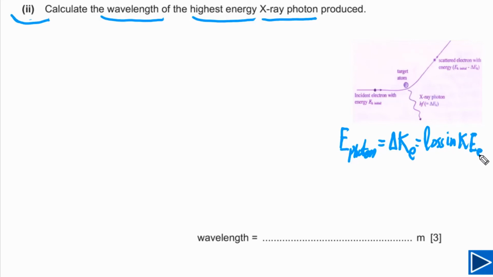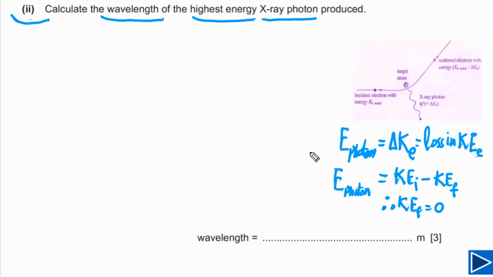We are using the symbol small e for electron. Another way to write this is KE initial of electron minus KE final of electron. We want to give maximum energy to the photon. So E of photon will be maximum when KE final is equal to 0, which means the electron simply stops.